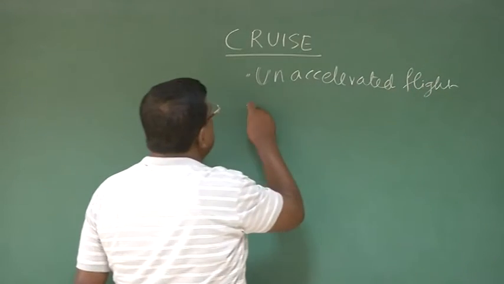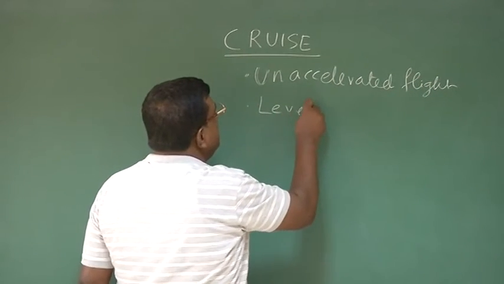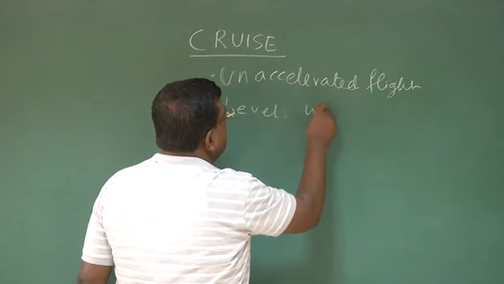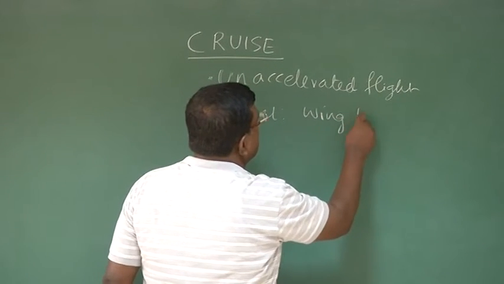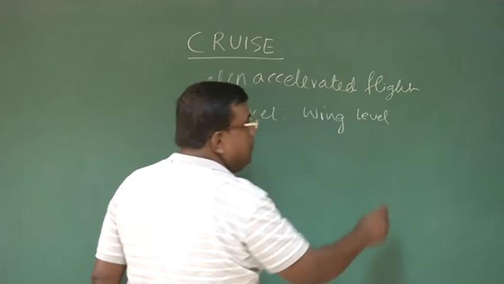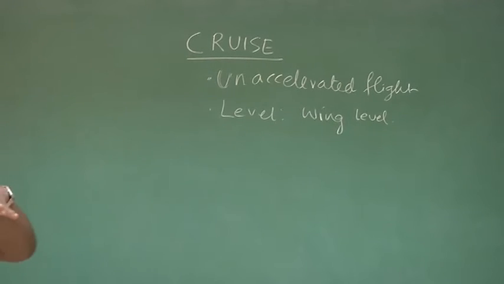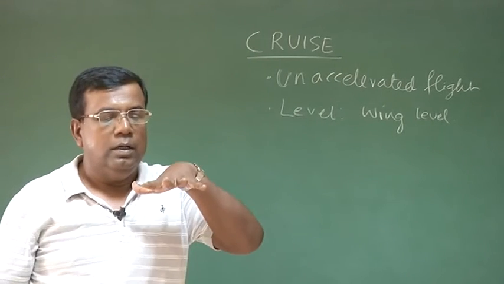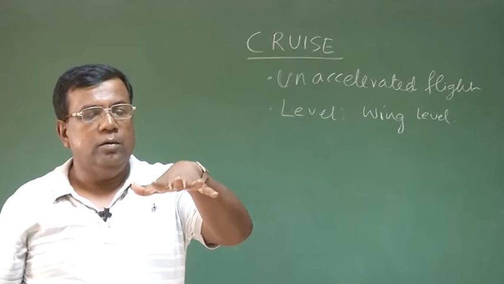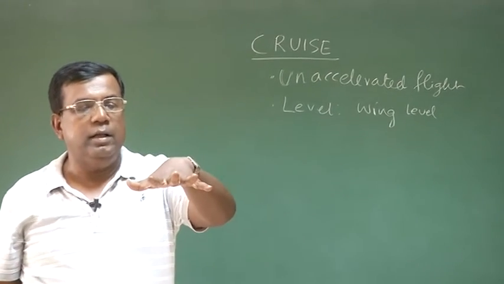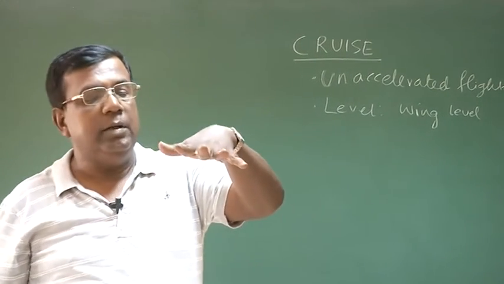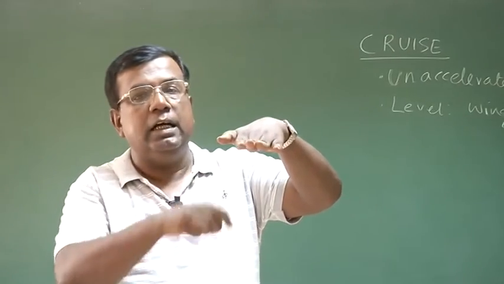And when you say level cruise, level means wings level. Typically it is like this. If I am doing a cruise, I am going at constant speed, wings level, not like this, wings level like this, and also I am ensuring that there is no change in the altitude.